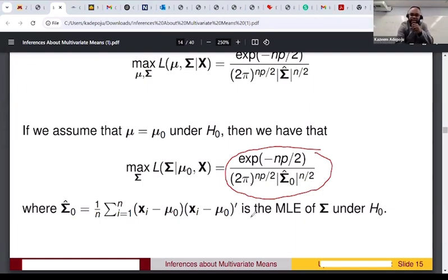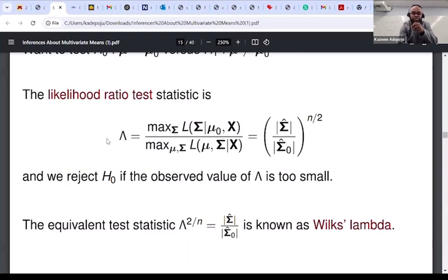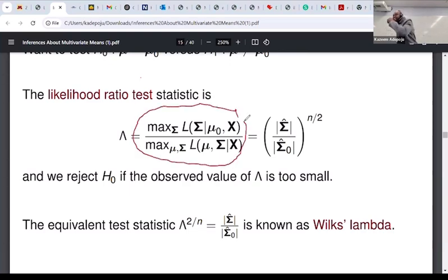And when I have that, I'm going to have two different ones. If I have two different ones, you know what I'm going to do? I want to find the ratio. Please pay attention. You know where I'm going? Because the approach that I want to use is a likelihood ratio test.